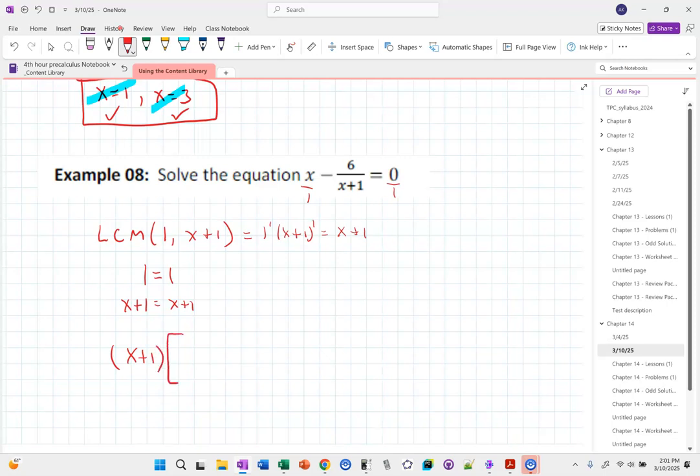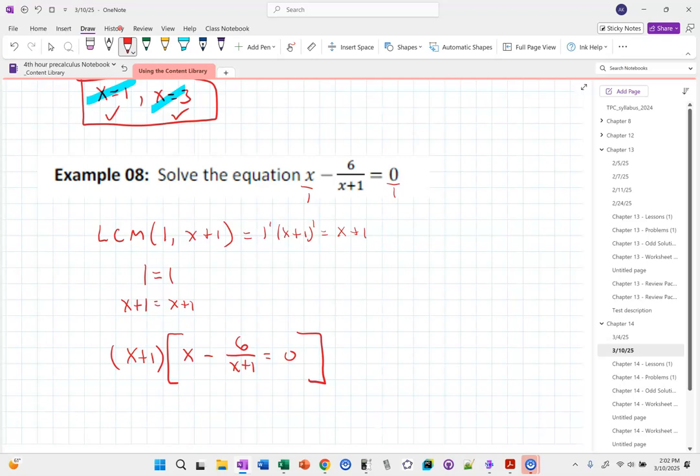So I'm going to multiply both sides of our equation by x plus 1. And just as an aside here, technically speaking, any common multiple will work, but you really want to use the least common multiple, because by picking a not least common multiple, you're just making a bigger degree polynomial.